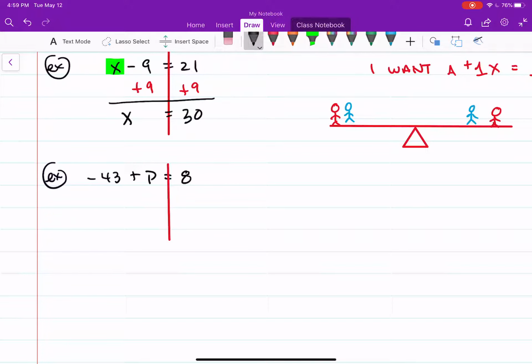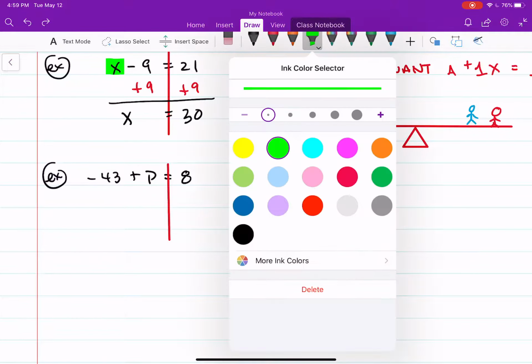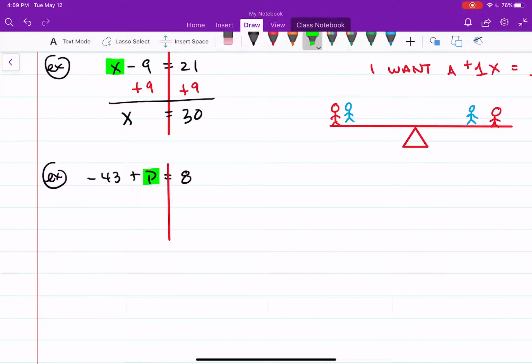So, again, I want to get the p by itself. So in other words, I got to get rid of the 43. There's negative 43, so I want to add 43. If I add 43 on one side, I got to add 43 on the other side.